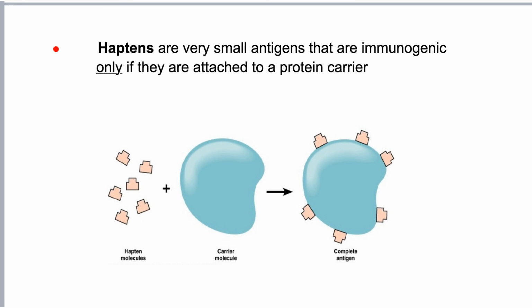Nevertheless, they can engage a carrier molecule within our interstitial fluids or the plasma of blood. A carrier molecule will usually be a protein. This will then produce a complete antigen. This new particle will be immunogenic. That is, it can initiate an immune response.